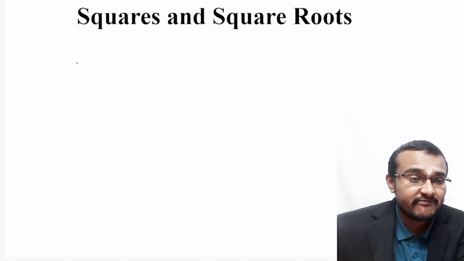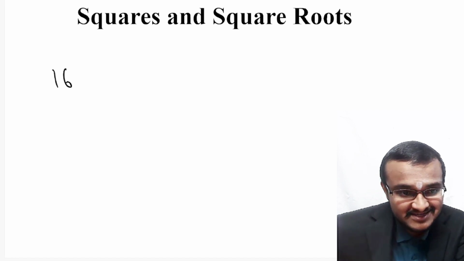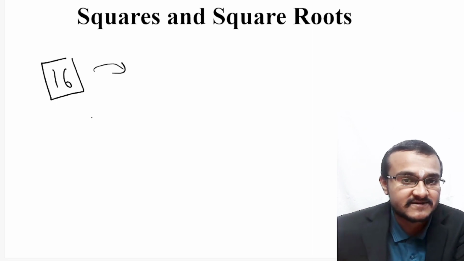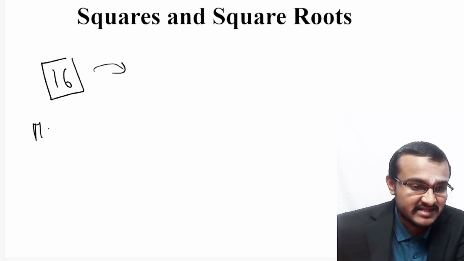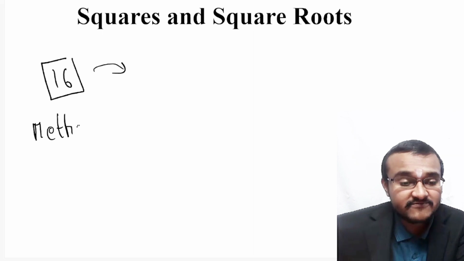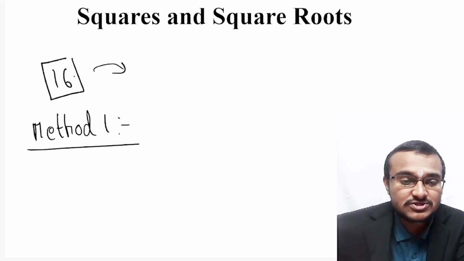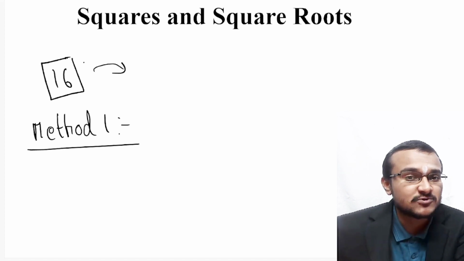Now if I give you a number, let's say 16, how will you find its square root? I am teaching the first method here: method 1 to find the square root of a perfect square number.